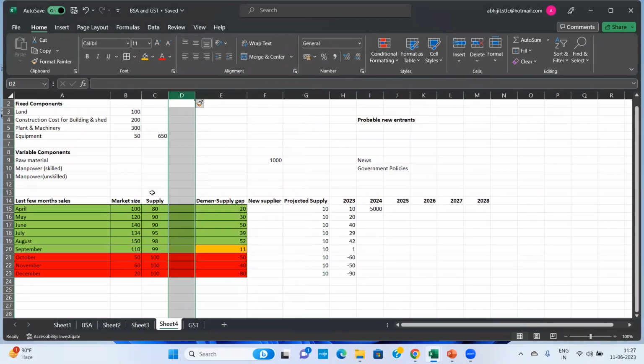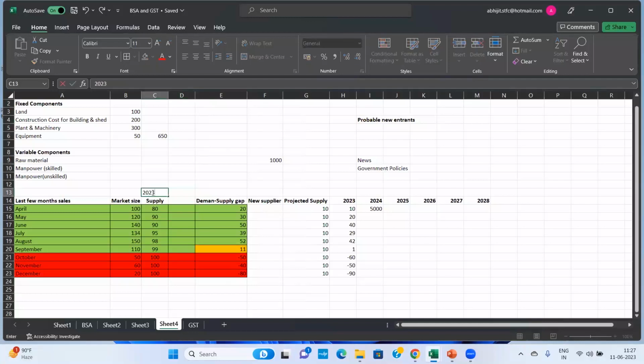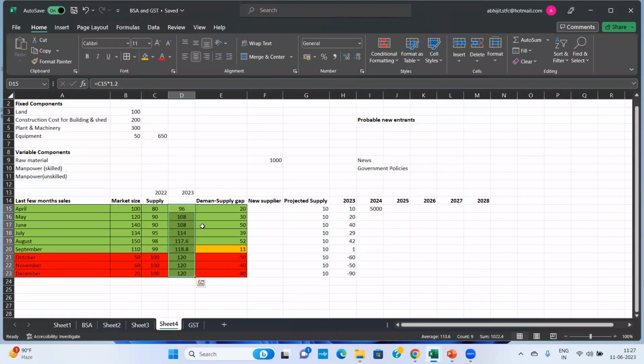So this is for 2022. For 2023, probably my supply figures will increase by 20%. Ignore the decimals, right?